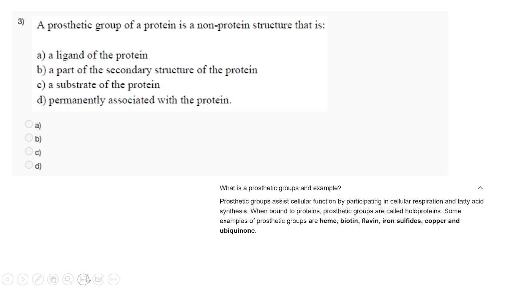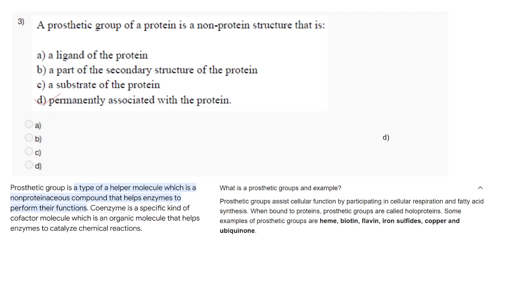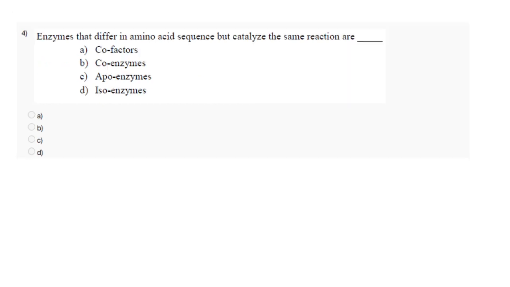Right. A prosthetic group assists cellular function as a type of helper molecule, a non-proteinaceous compound that helps the enzyme perform its function. A coenzyme is a specific kind of cofactor, an organic molecule that helps an enzyme catalyze a chemical reaction. So permanently associated with the protein.